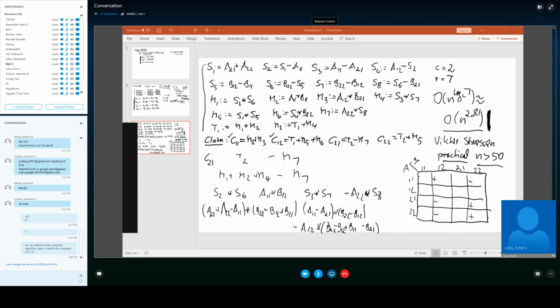And then we have A21 with B11, so this is a plus, this is a plus, and this is a minus. So we got those 9, 3 times 3. Then we have the A11 times B11. This is a plus. So we got that one.